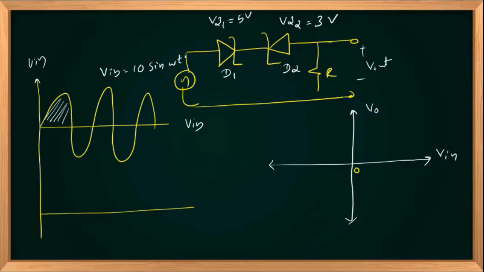If V in is positive, greater than 0, what would be the conditions of diodes D1 and D2? When V in is greater than 0, D1 is operating in forward biased mode because its anode voltage is positive, and acts as a short circuit.